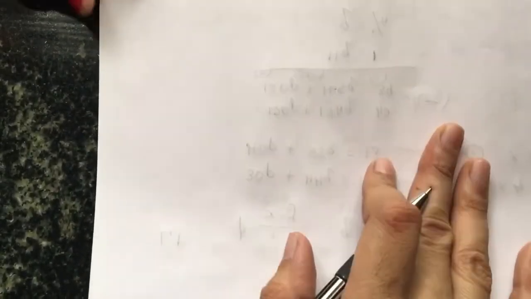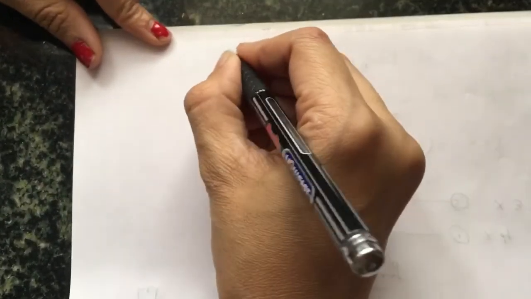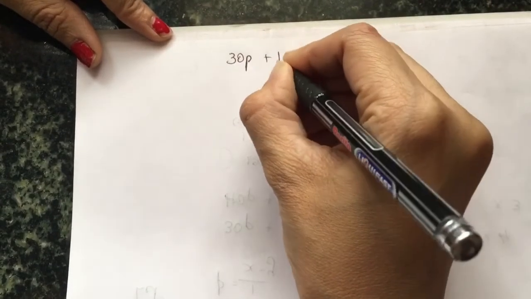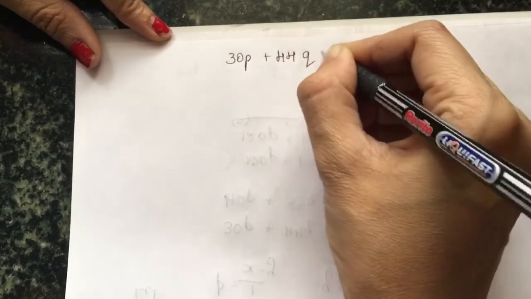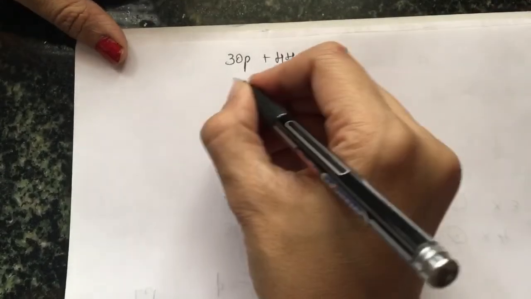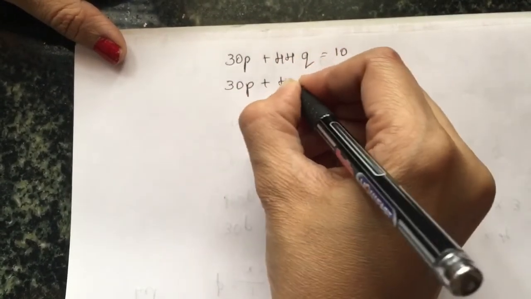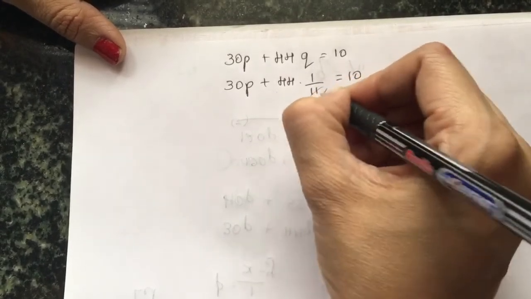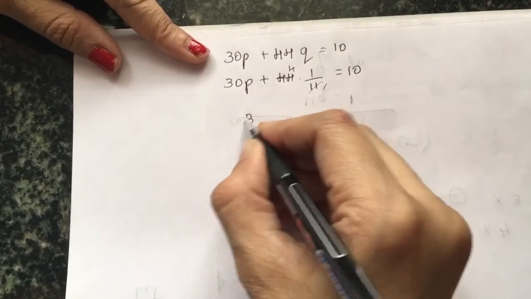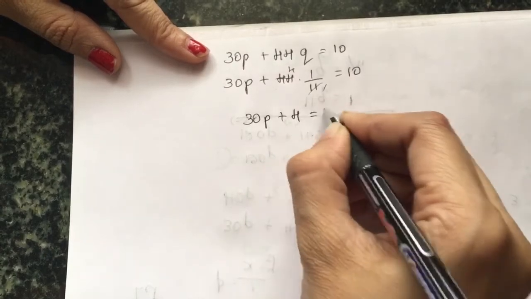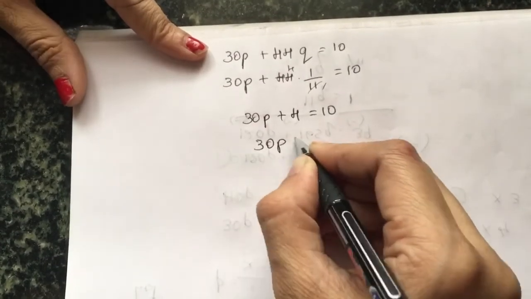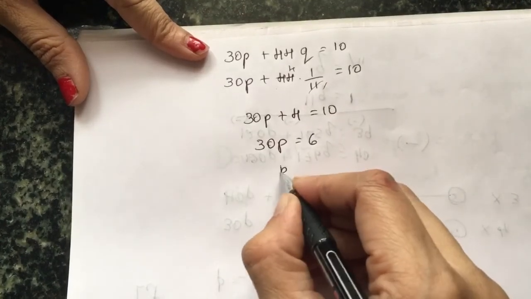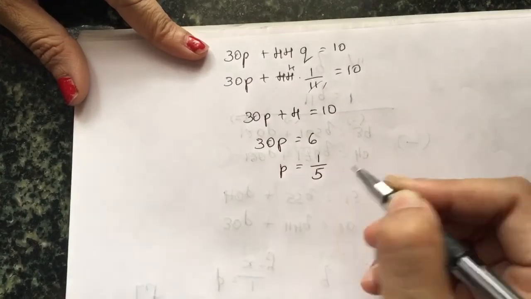Then substitute the q value in any one of the equations. The first equation is 30p plus 44q equal to 10, right? So 30p plus 44 times 1 by 11 equal to 10. 11 ones are 11, 11 fours are 44. So 30p plus 4 equal to 10. 30p equal to 6 and p equal to 1 by 5.